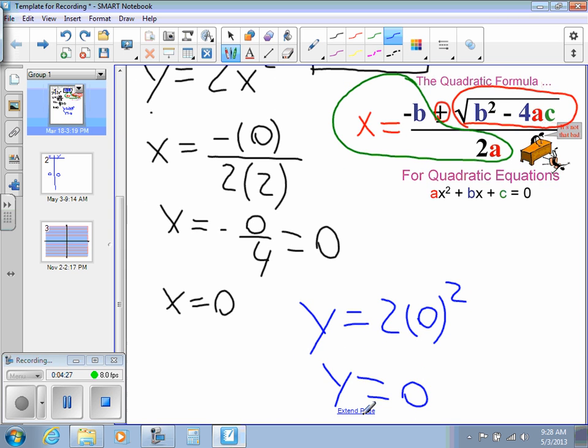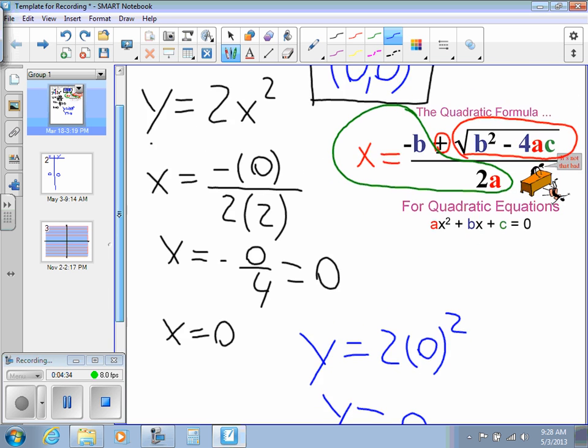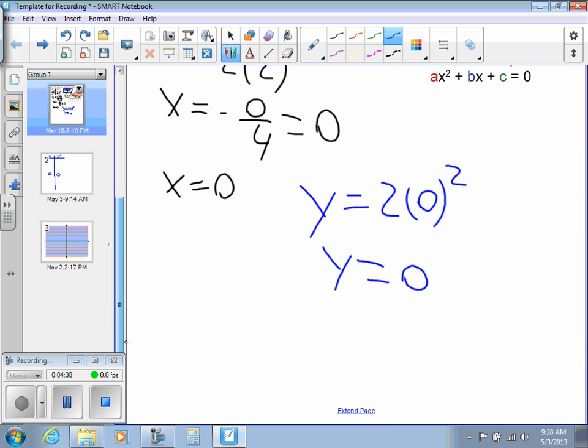So now that we have that, let me just rewrite the original equation here. The original equation was y equals 2x squared. Now we need to find a y-intercept and an x-intercept.